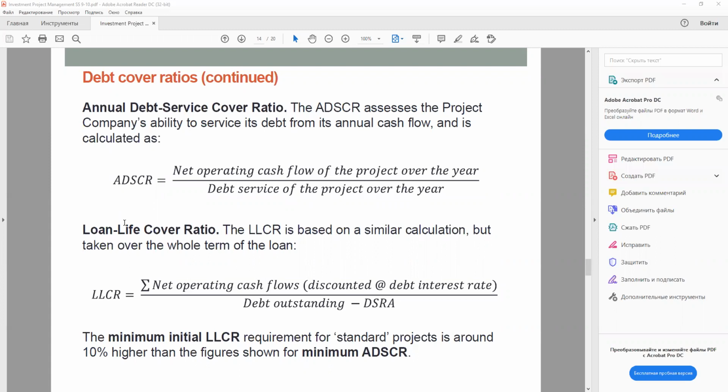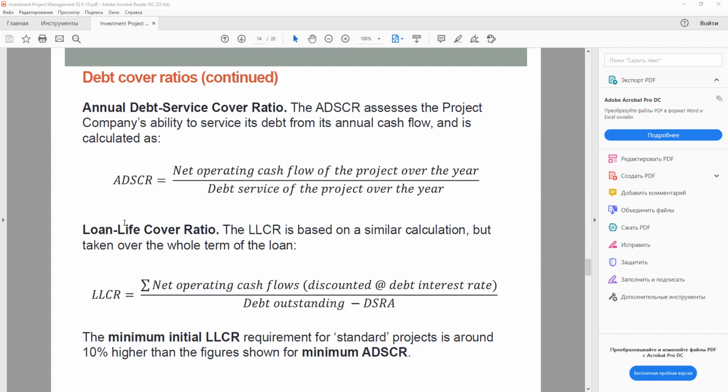1.75 for a transport concession, and that is the point I mentioned previously. I have in mind experience with a transport concession, but with a lower ADSCR requirement, like I already mentioned, 1.3, and 2.0 for a merchant power plant project with no off-take contract or price hedging.